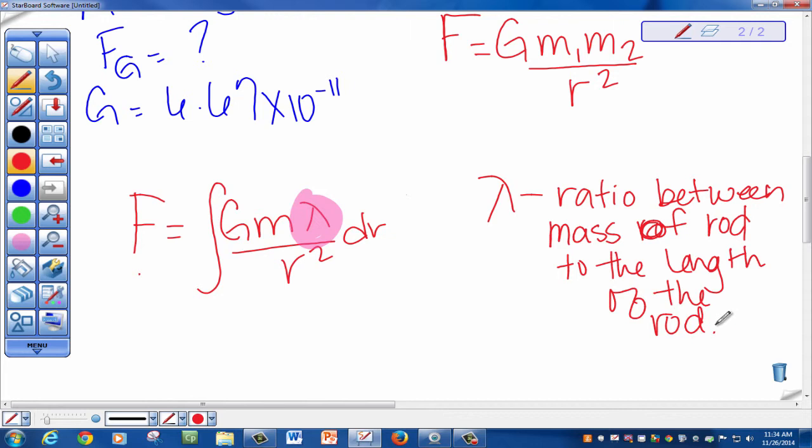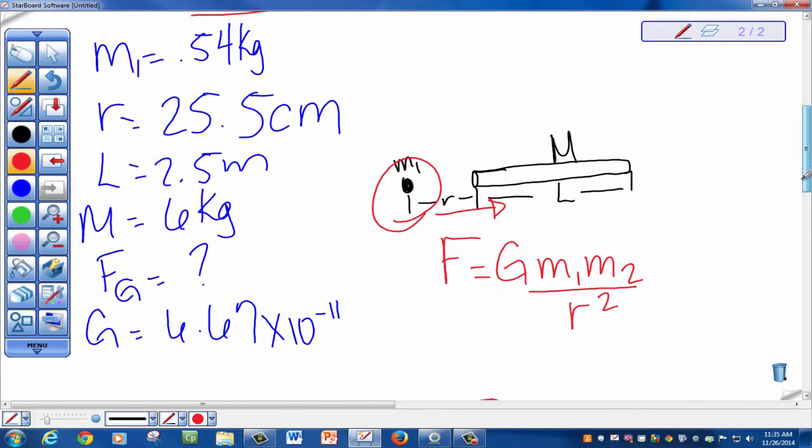And the reason why we need to find this ratio is because we're trying to break up this rod into individual particles so we can find the total gravitational force acting upon the first particle, as shown in the diagram.